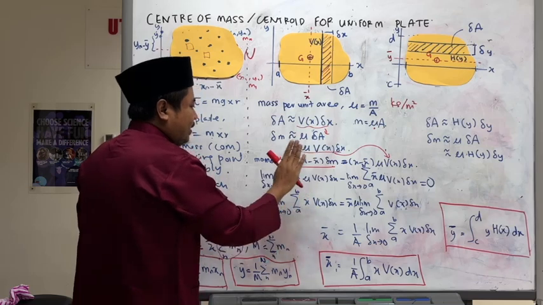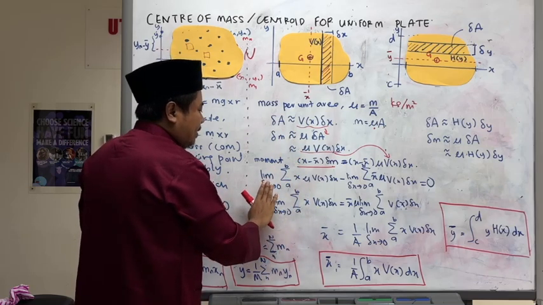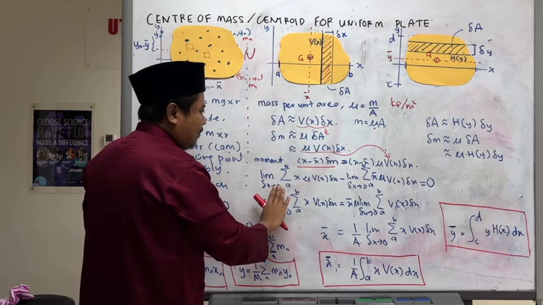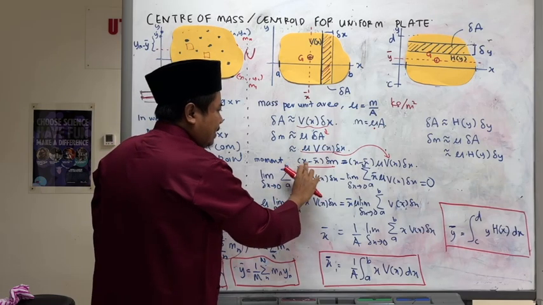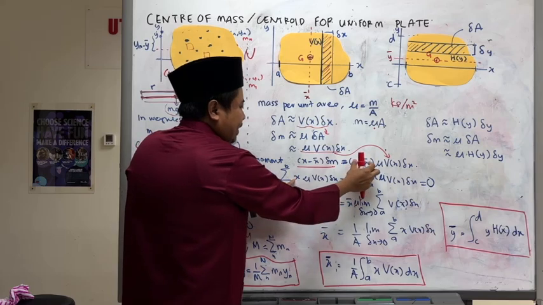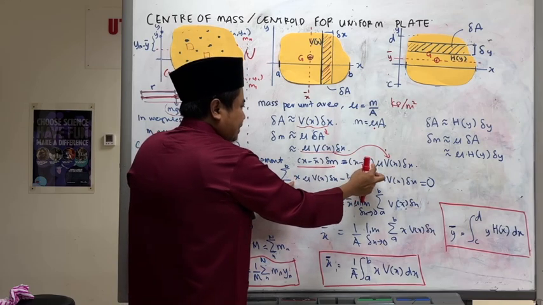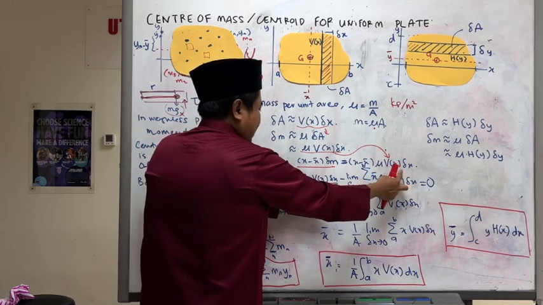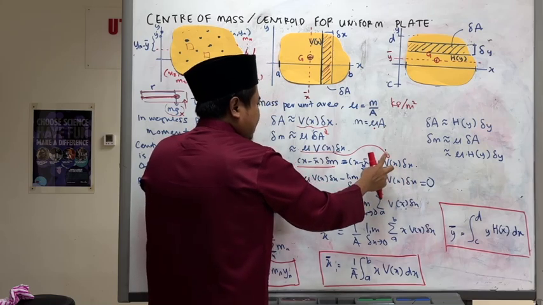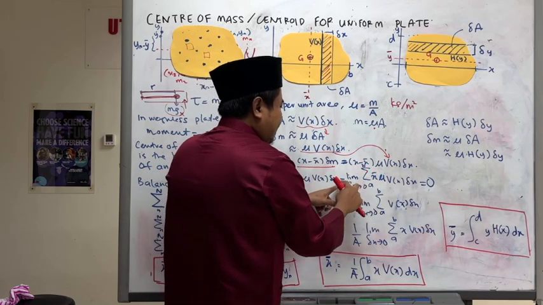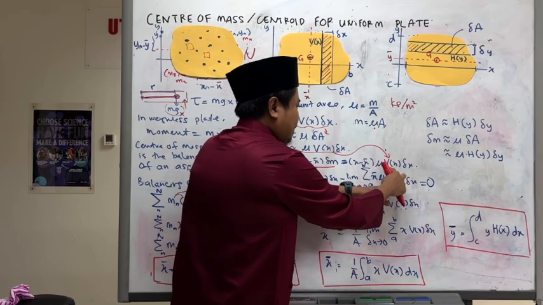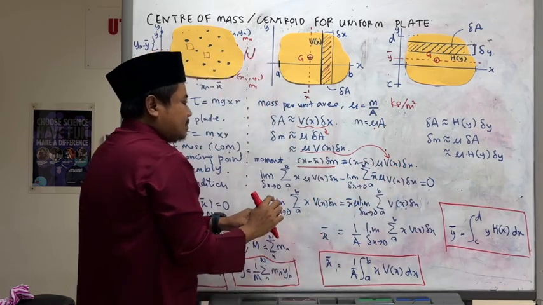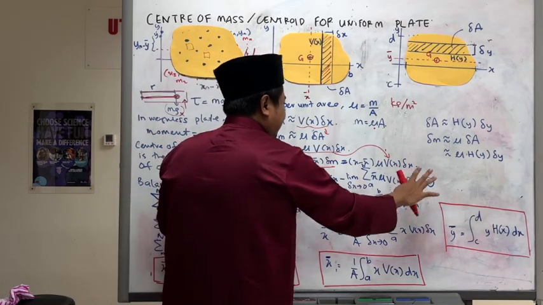That means we write down all of the strips available. So we can expand this bracket: x times mu v dx, minus x bar times mu v(x) delta x, and this should be equal to 0.